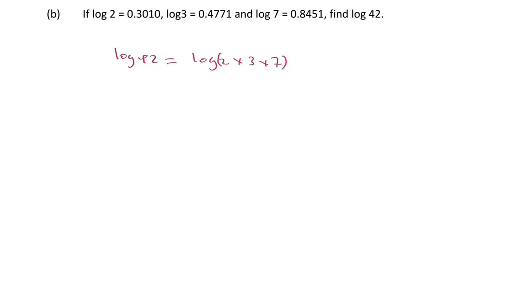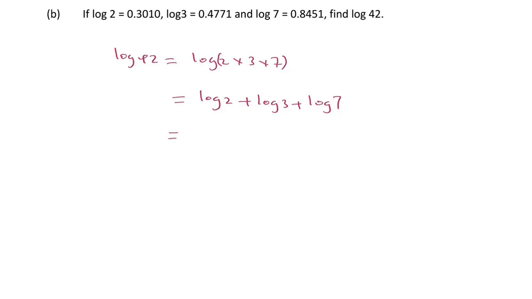Okay, so next we are going to apply the product rule of logarithm. Then our expression is going to be log 2 plus log 3 plus log 7. Next we are going to substitute the given values of these logarithms from our question.